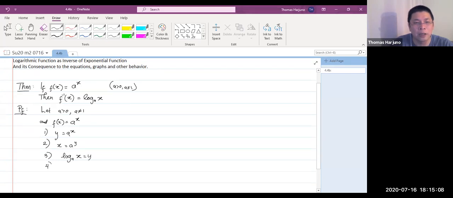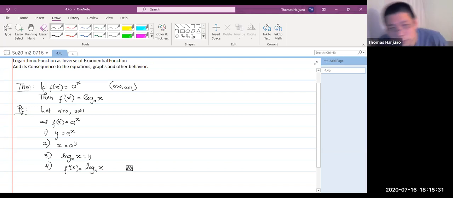And finally, f inverse of x equals log base a of x. So that's actually a very short proof. Not too hard, right?